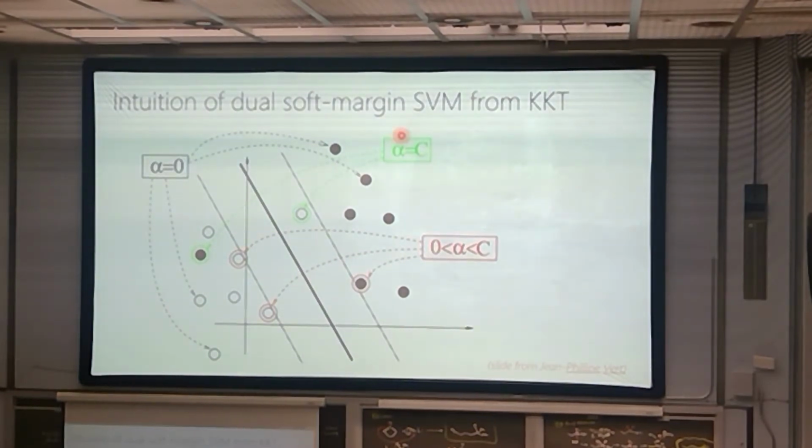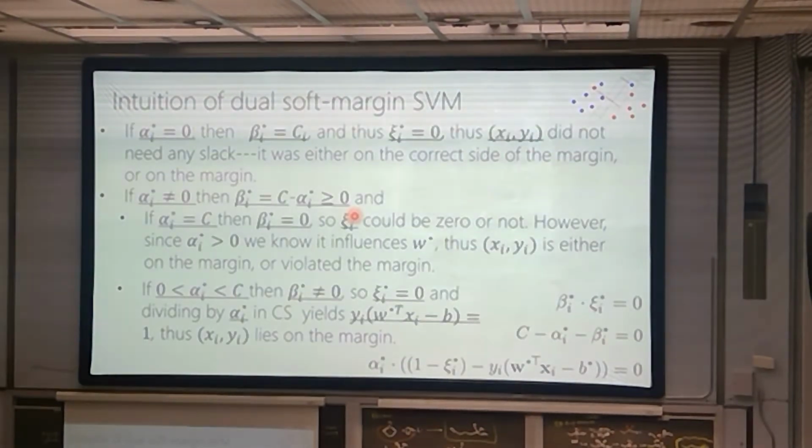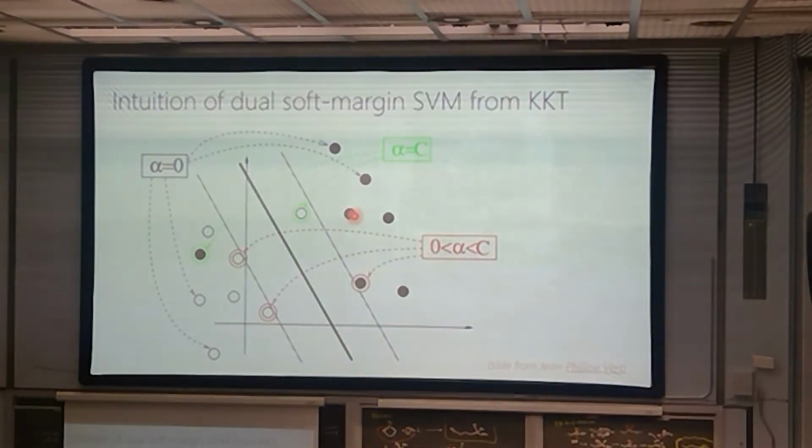And meanwhile, if alpha is between 0 and C, then we're on the margin, and if alpha is equal to C, we could be on the margin or outside the margin. On the margin or violated. That's right. The picture here is violated.